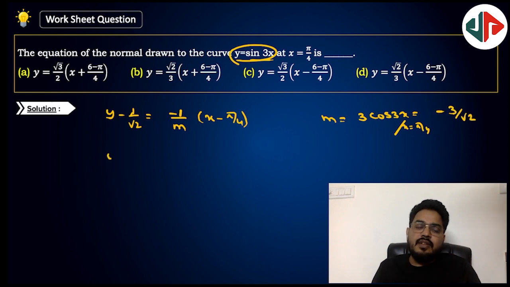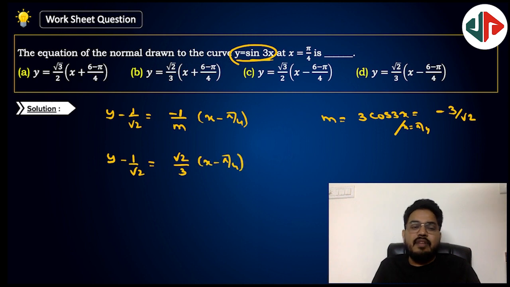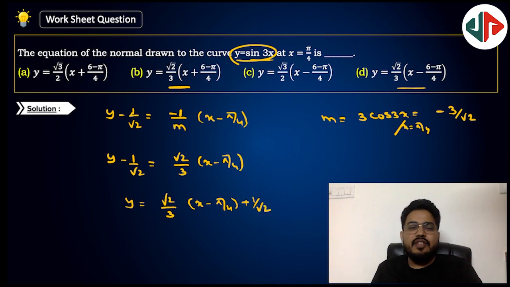So this is y minus 1 by root 2 is equal to root 2 by 3 into x minus pi by 4. So this one will become this side. But you look at here, y is equal to root 2 by 3 into x minus pi by 4 plus 1 by root 2. So where is it, either this one or this one? Okay, so you look at further simplification.